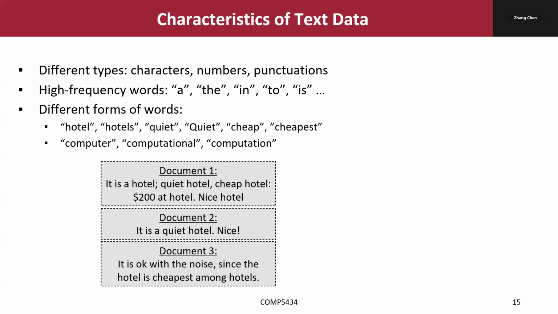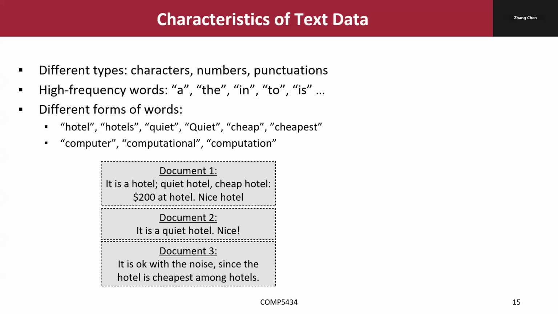Statistically, fun fact. Okay, the third difficulty is that the same word can appear in different forms. For example, hotel and hotels, with the S, and also cheap and cheapest, right? We have different variations of the same word with the same meaning, and I think that's an easy case compared to Chinese.